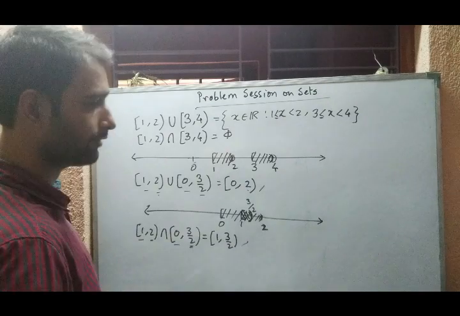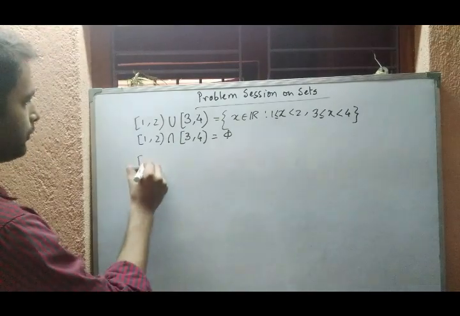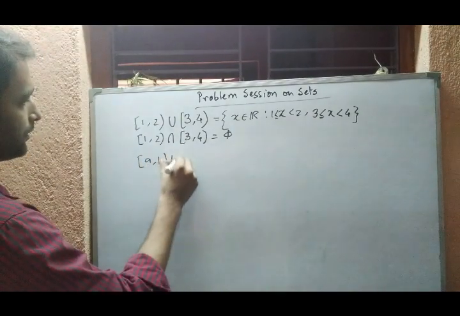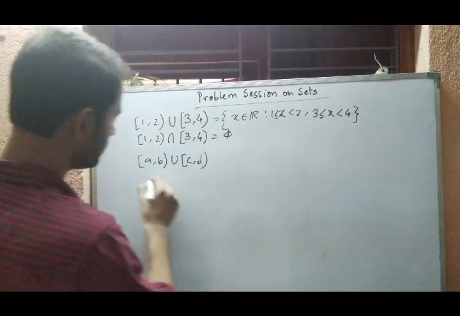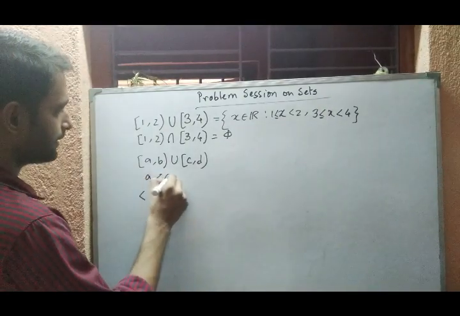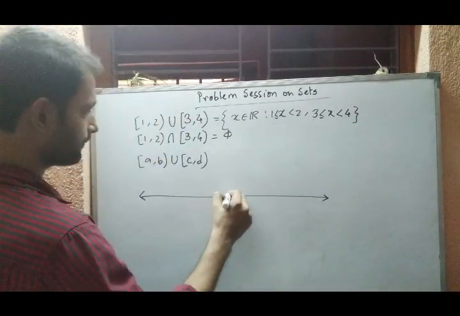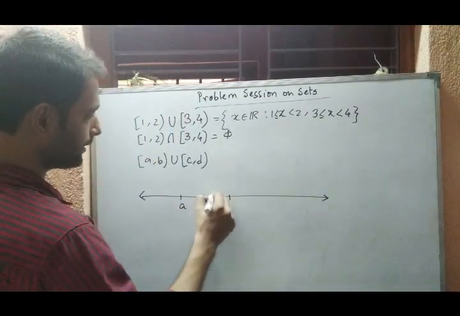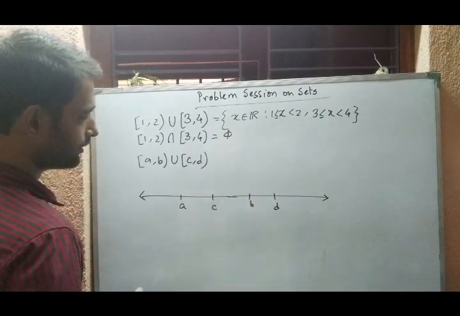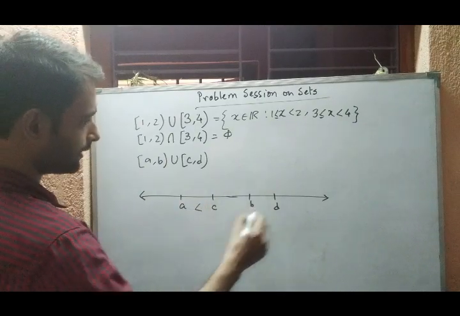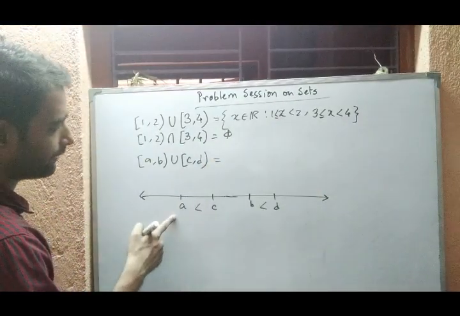So in general, we can say this: if we are finding the union of [a, b) and [c, d), and it is given that a is less than c and b is less than d. Suppose we show it on the real line: here it is a, then c, then b, then d. So clearly a is less than c and b is less than d. Whenever we take the union, we take the leftmost corner.